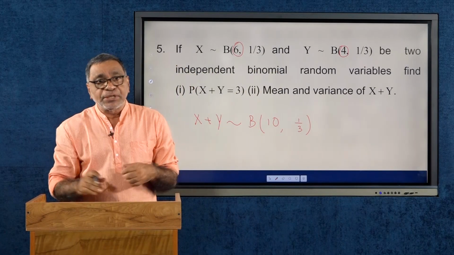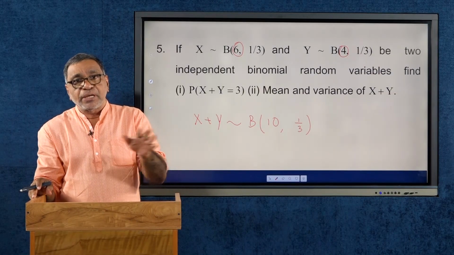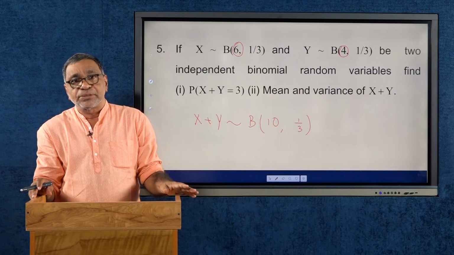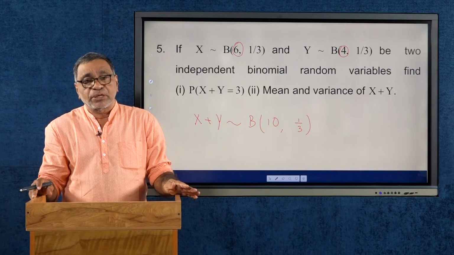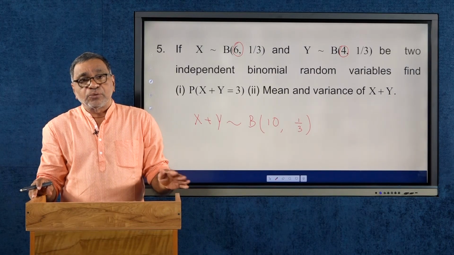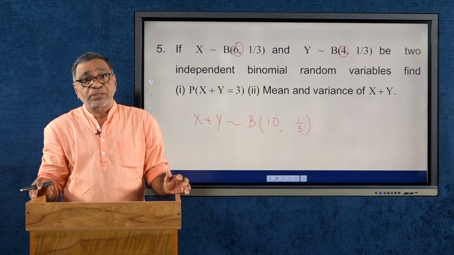So, this is an application of the additive property. That is, suppose you are given x and y as binomial random variables with these parameters, then x plus y is a binomial random variable with the number of trials 10 and probability of success 1 by 3.